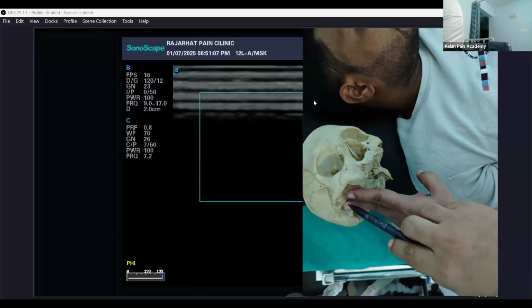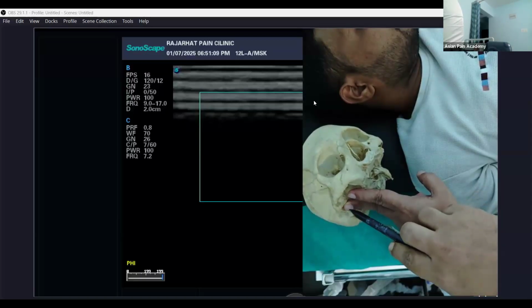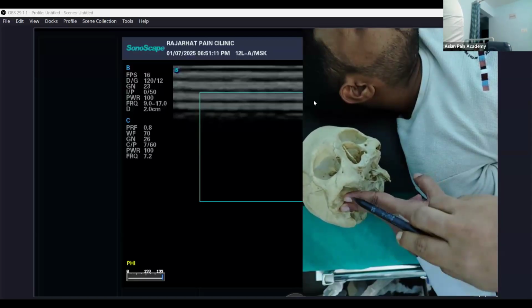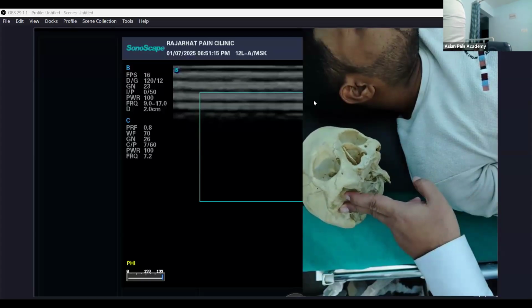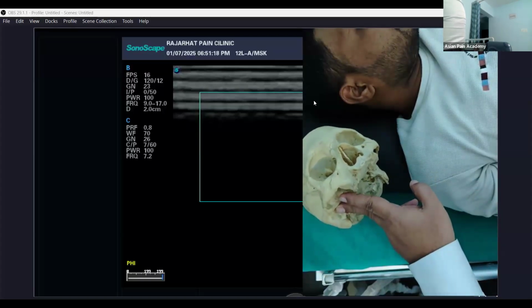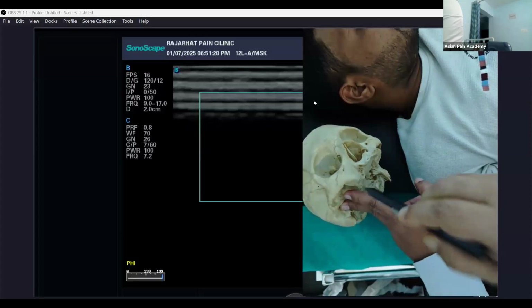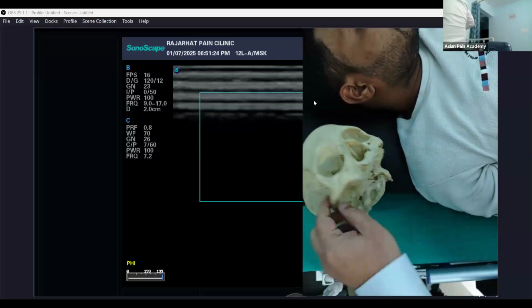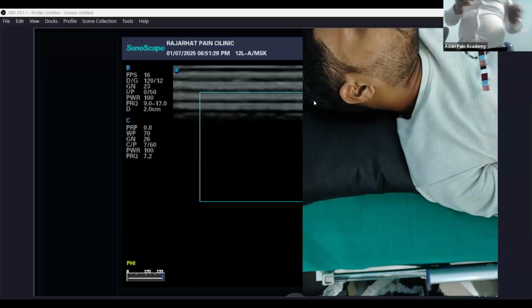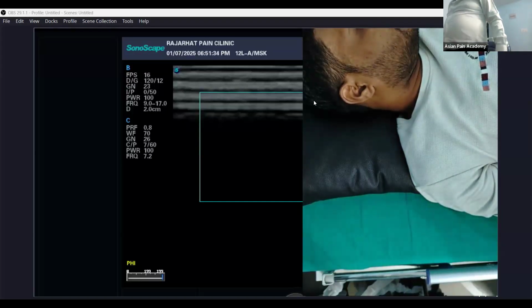This gap is between the condylar and coronoid processes, and this gap is between the coronoid and maxillary bone. Our intention in seeing these gaps is to see the lateral pterygoid plate in the deeper plane, so that we can go posterior or anterior to the plate to find both the nerves.